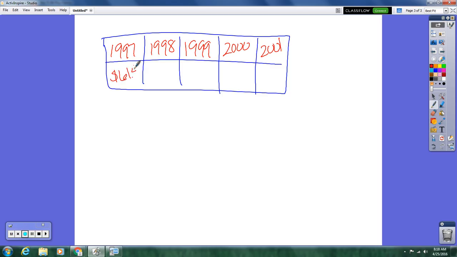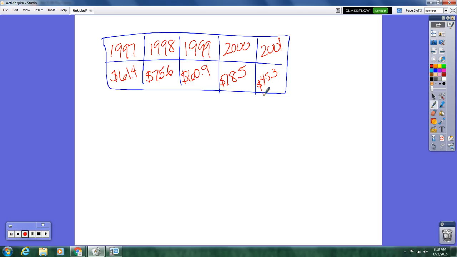So 61.4, 65.2. Alright, so there's the profit by U.S. manufacturers, all the companies in the United States for the first quarter. The first quarter is from January to March, if that matters.